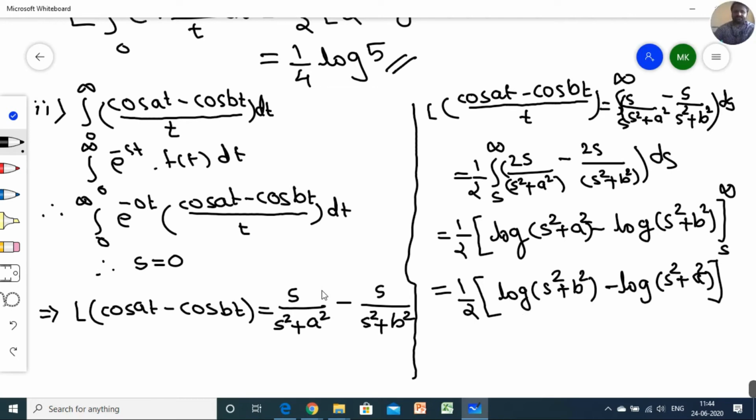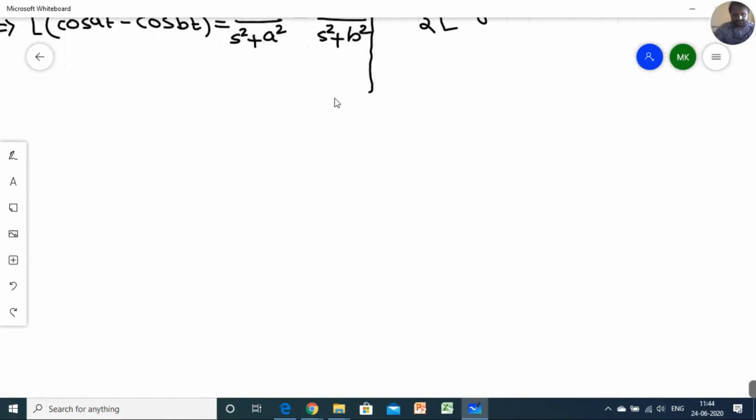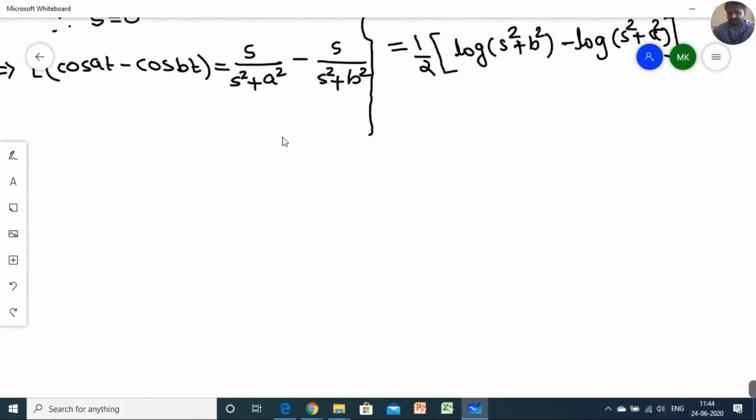Now again it is clearly mentioned that s equal to 0. So we have to apply here again s equal to 0 in this equation, so that you will understand very well.